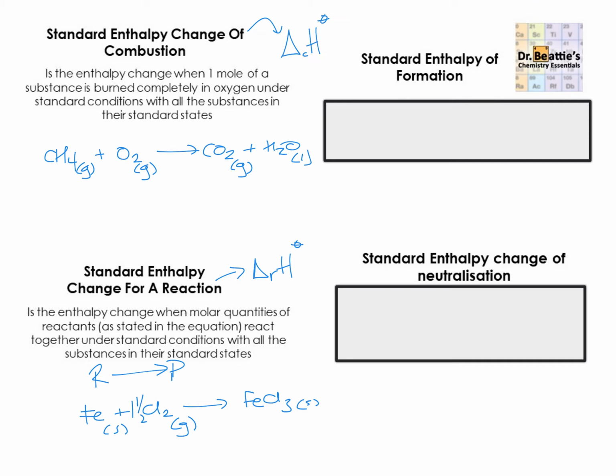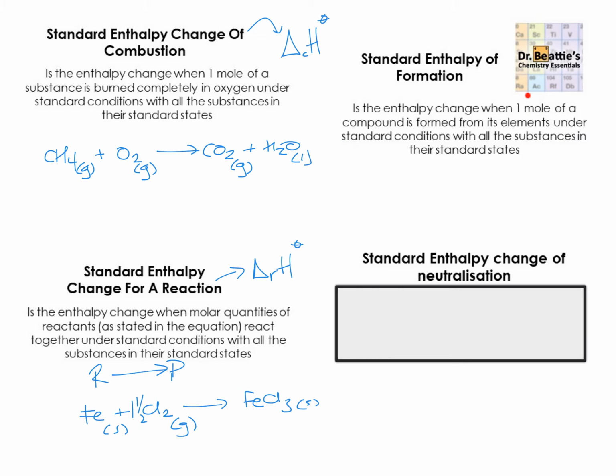Now, another enthalpy change is the standard enthalpy change of formation. And this is when 1 mole of a compound is formed from its elements under standard conditions. Now, it's important just to reiterate that a compound is when there's more than one type of element in a substance.